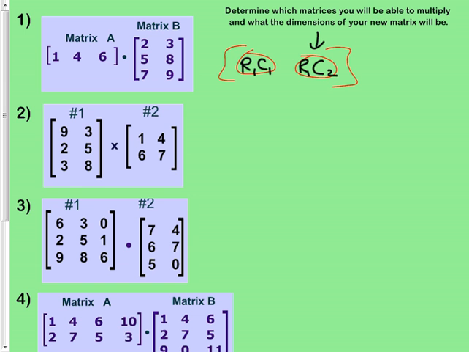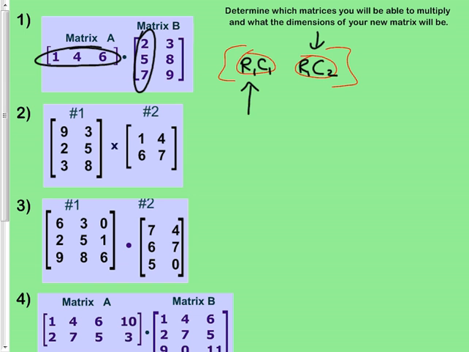So it's telling me what to do to get this spot right here. It's telling me to take row 1 and multiply it by what? Column 1. Would you agree that this right here is row 1? And I'm going to multiply it by column 1.